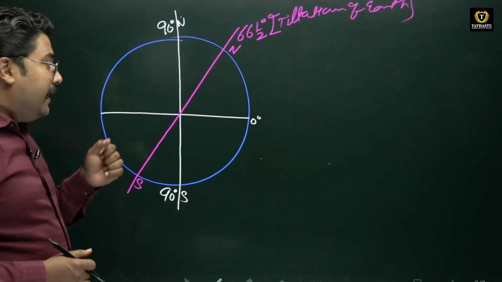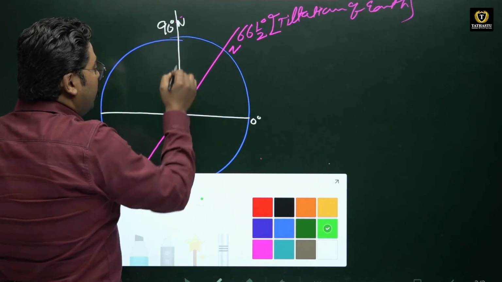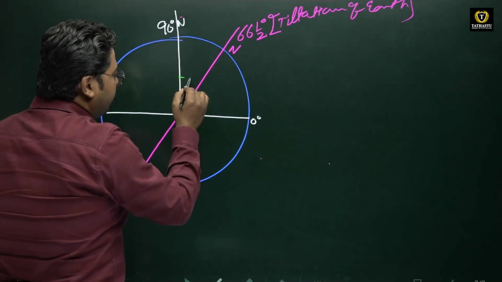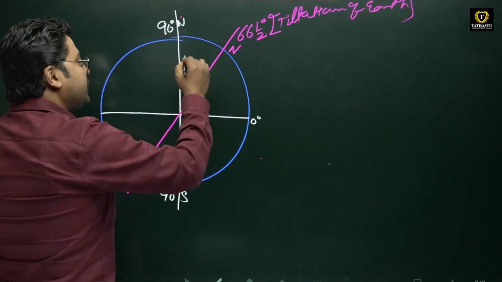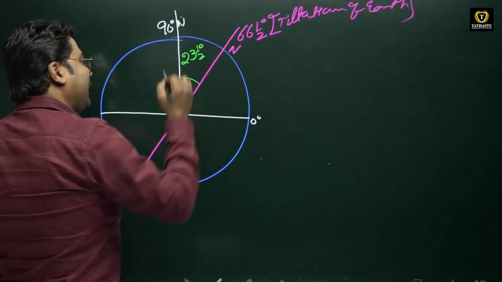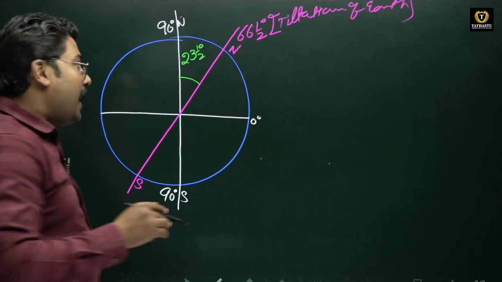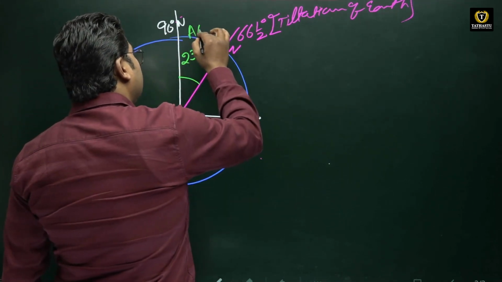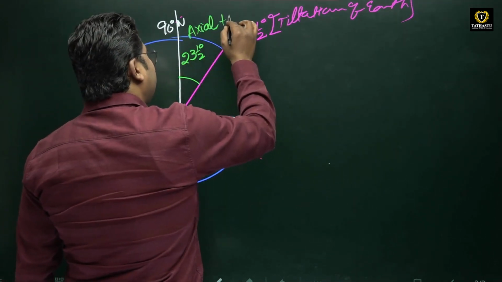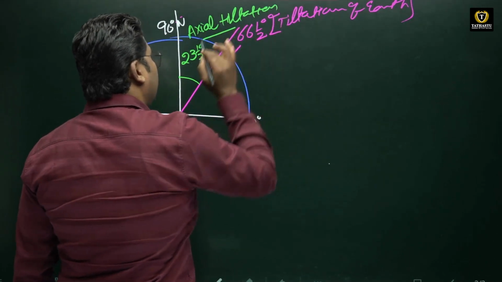Now if we see the difference between 90 degree and 66.5, means the difference over the axis, it is 23.5, and this is only the axial tilt of Earth.